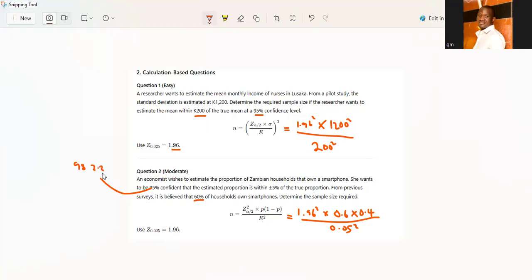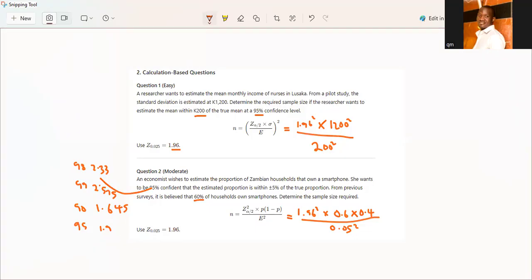If it was 99%, our Z would be 2.575 or 2.576. If it was 90%, 1.645. What if it was 95%? 1.96, as has been shown here. Are we together?